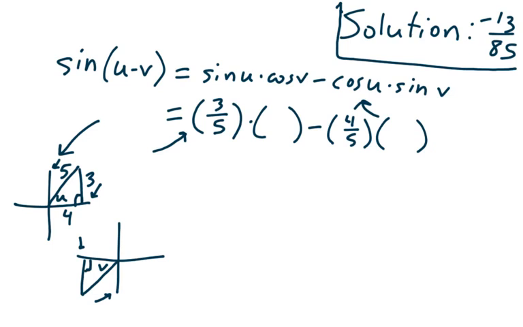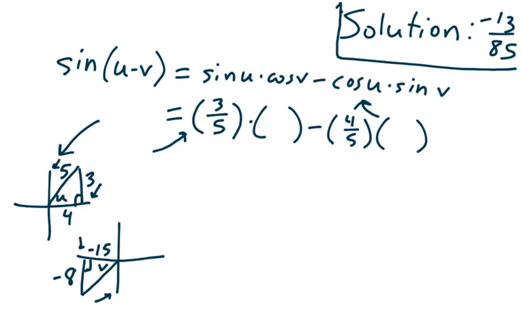The tangent should be 8 over 15. SOHCAHTOA, right? So TOA, I should have opposite over adjacent. But wait, this is down, so I need to make this negative. This is left, so I need to make this negative. And you realize that negative 8 over negative 15 is still positive 8 over 15. So we're good to go.